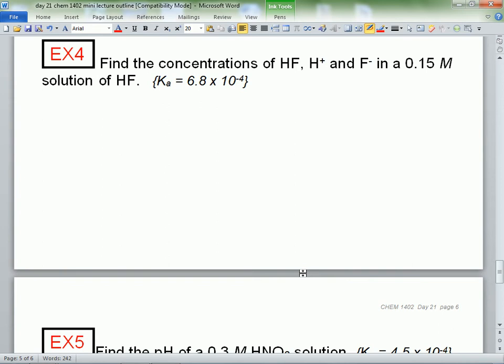Well, it's a 0.15 molar solution of HF. So you put the 0.15 in the wrong spot.